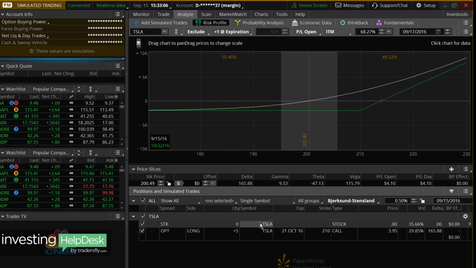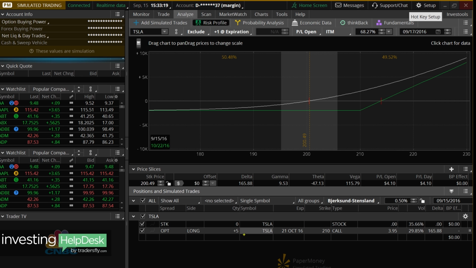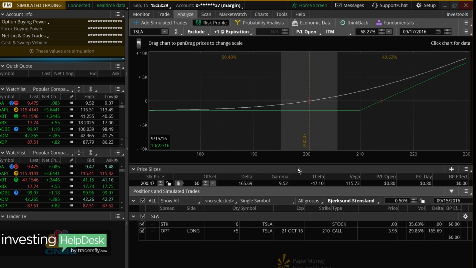But you can see I have absolutely zero stock ownership right there. And I have 5 contracts right there on the option side. So I have 5 on the 2010, and that's really what's moving my position up or down. Right now it's $4.10 here, profit and loss for the day, as I'm looking at the position.